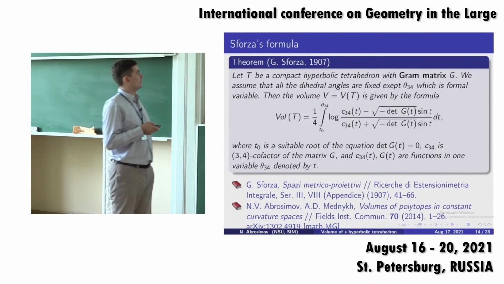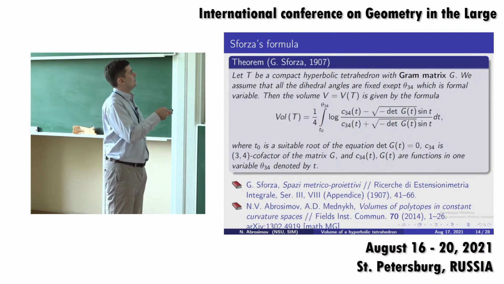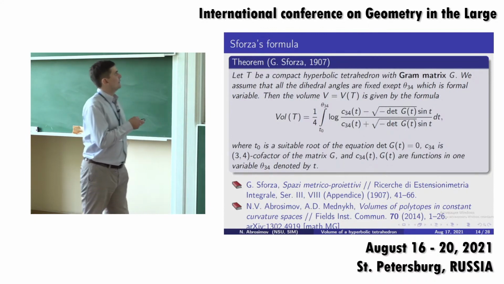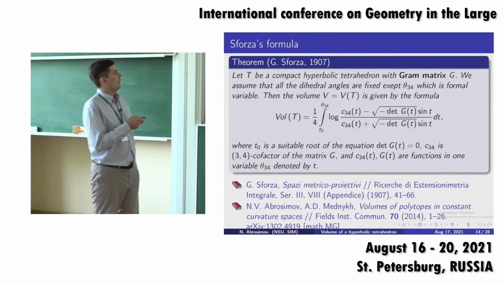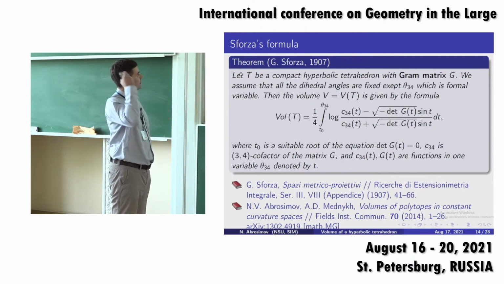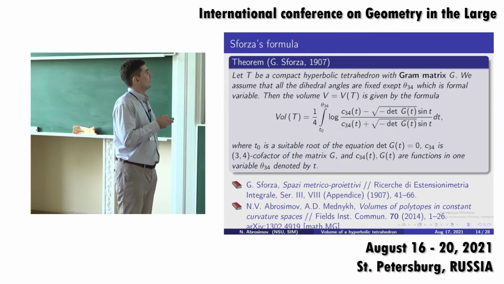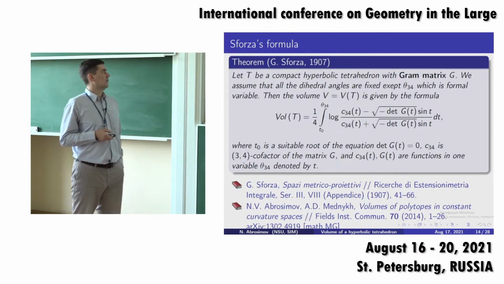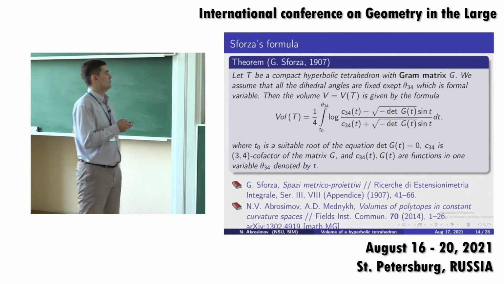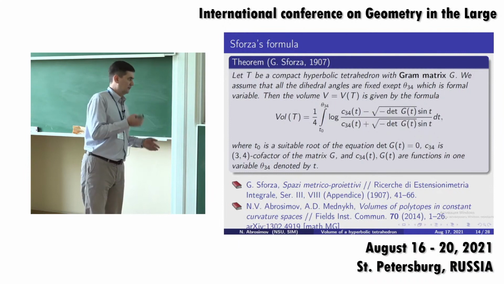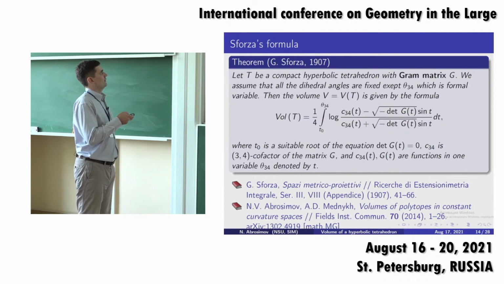And then the volume is given by this integral. Here C34 denotes the 3,4 cofactor of the Gram matrix. And we assume that the functions inside the integral, C34 and the determinant of G, are functions in one variable theta 3,4. We denote it by T just to distinguish the variable of integration and the limit of integration.